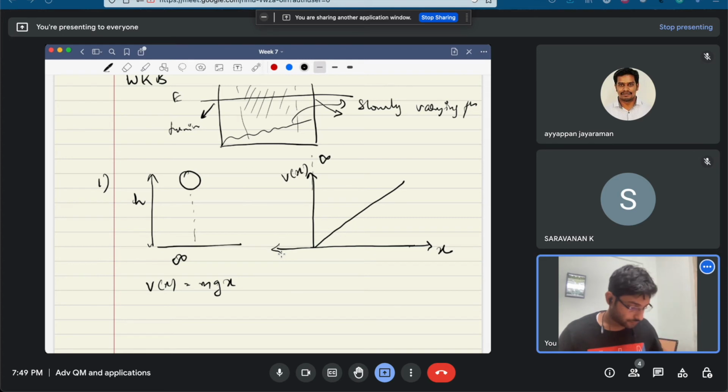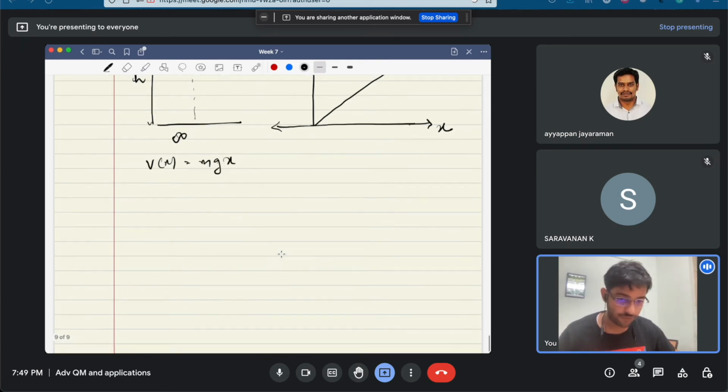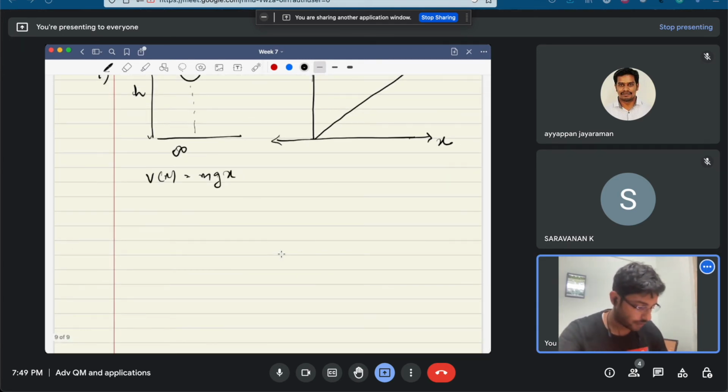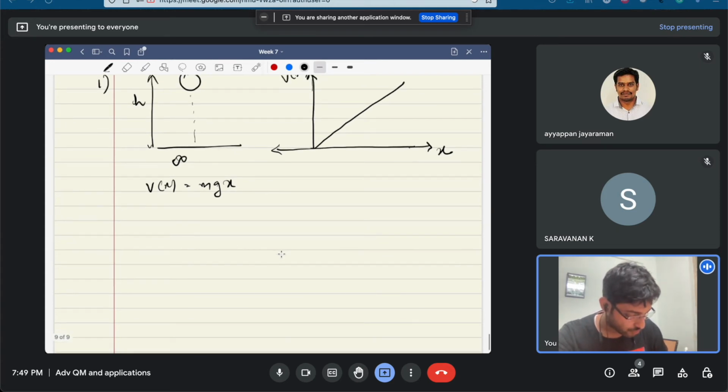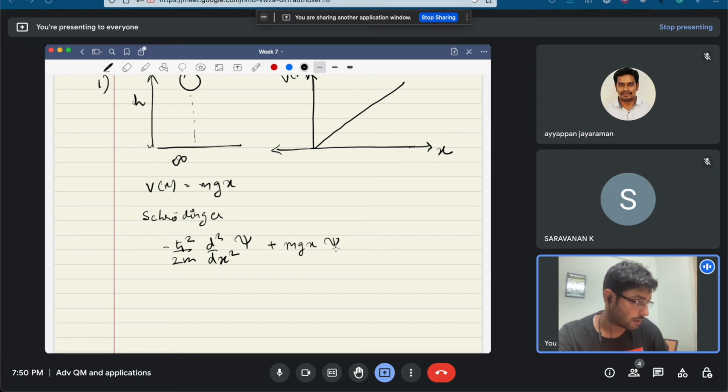Now, to find the wave function for such a case, what we have to do is the Schrodinger equation, which tells us minus h bar square by 2m, so we don't really need del square here since it's a single dimension problem, d square by dx square psi plus mgx psi equal to your energy.